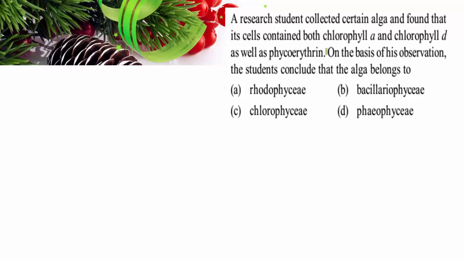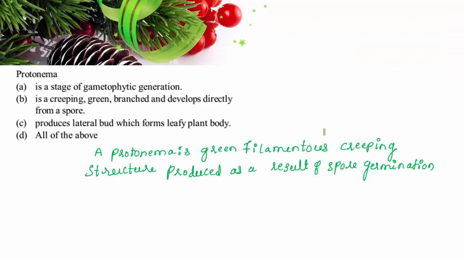What are the pigments found in the collected alga? Chlorophyll A, chlorophyll D, and the very important one is phycoerythrin. Which color does this represent? It is red color, and the alga belongs to Rhodophyceae. So the right answer for this one is phycoerythrin, red color, and red algae are nothing but Rhodophyceae.